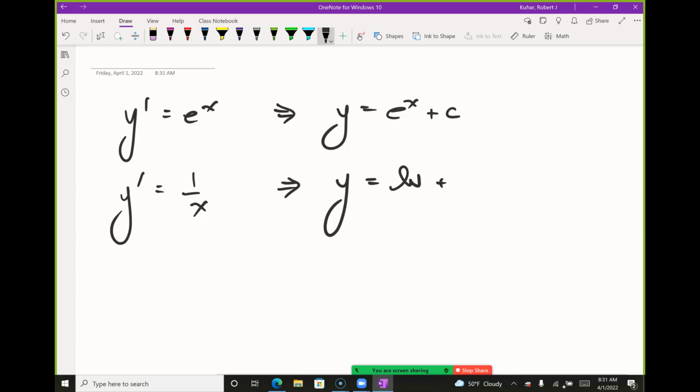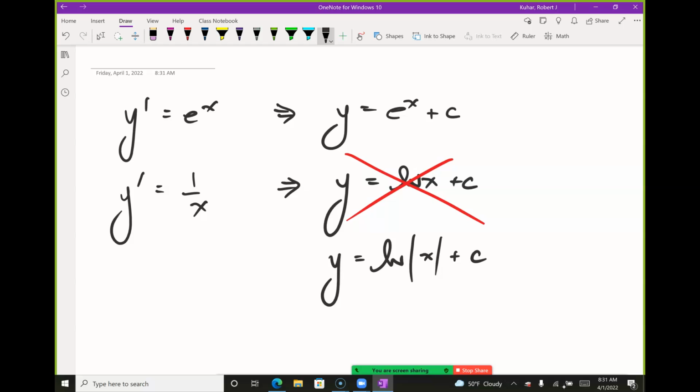Nice, ln of x plus c, right? And this is actually wrong, but it's the guess I would give. The actual answer is y equals the ln of the absolute value of x plus c. And let me see if I can explain that, okay?